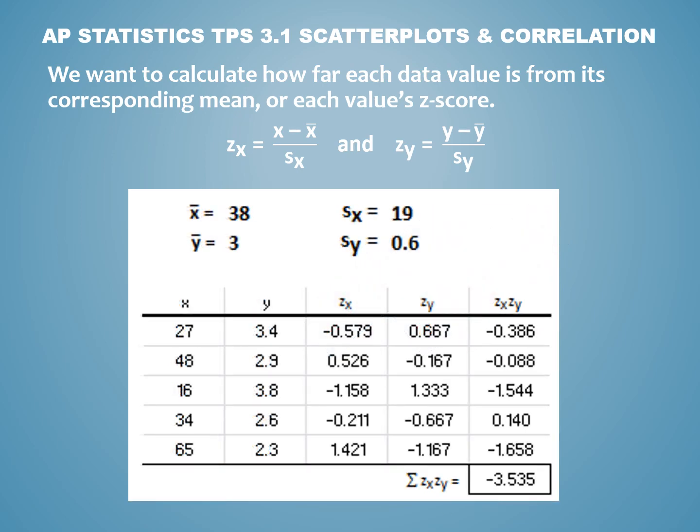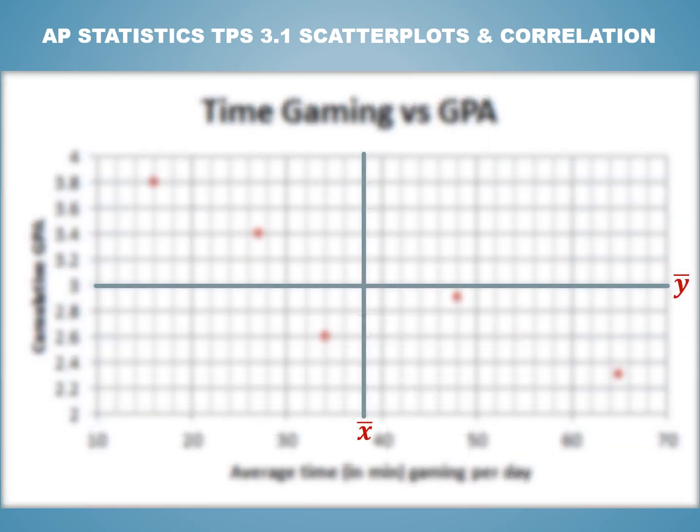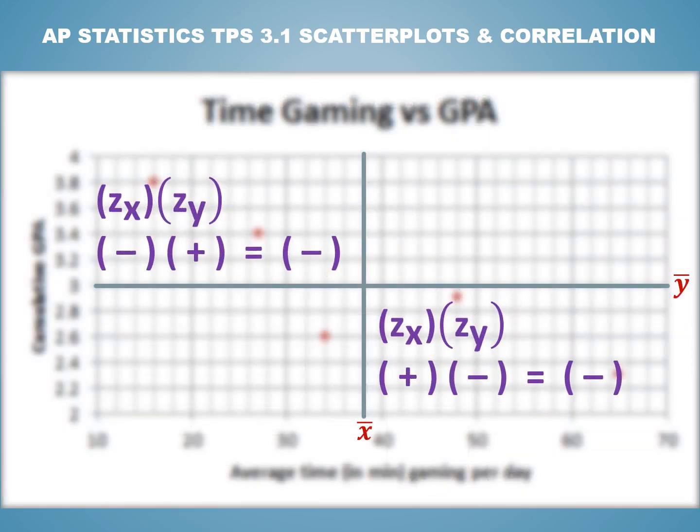All right, and so if we look at these values, notice most of these are negative, right? So we had a negative z and a positive y. This point was above the y bar, but below the x bar, so it's negative. The product will also be negative. The whole key is that most of our points are in these quadrants.